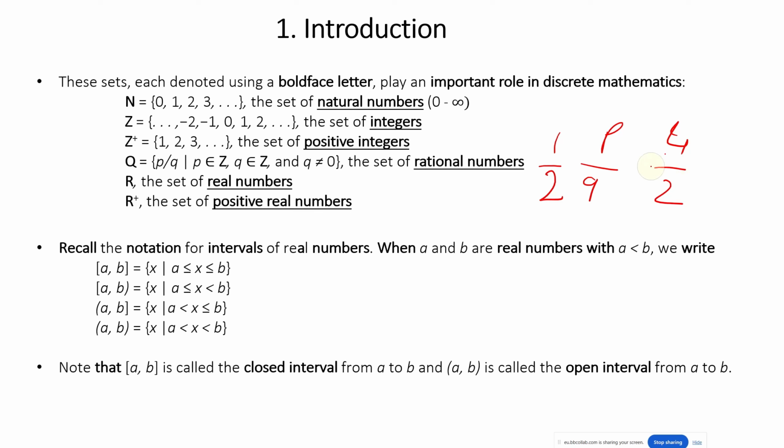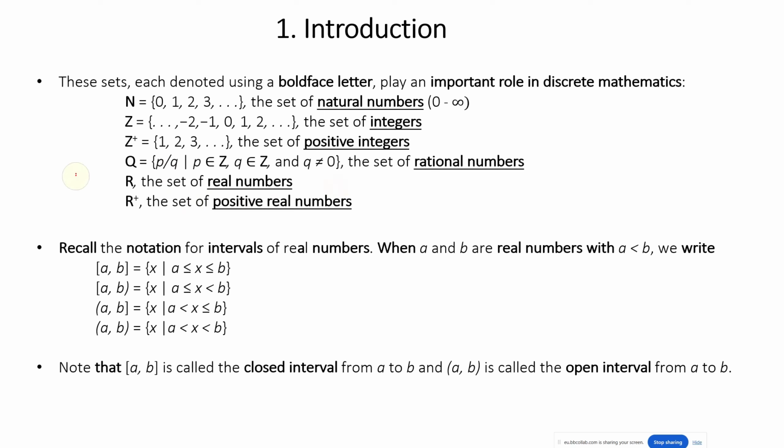What we mean is that it cannot be simplified. So 3 over 2, something like that, or 2 over minus 5, something like this, because Z means it can also be negative.